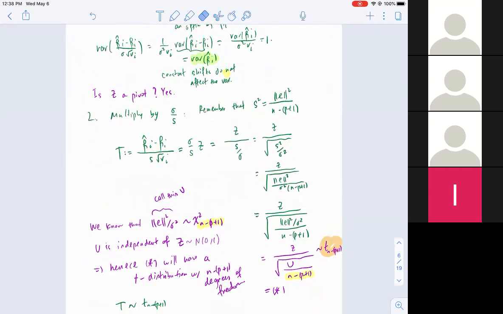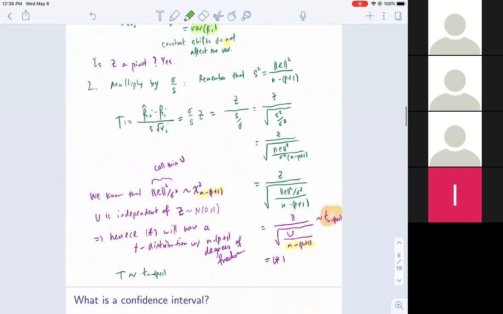If you do this calculation, with a little bit of manipulation, you end up with a form saying that I can write T as Z divided by the root of U divided by n minus 2 plus 1. U here is this guy, which we talked about before. It has a chi-squared distribution with n minus 2 plus 1 degrees of freedom.